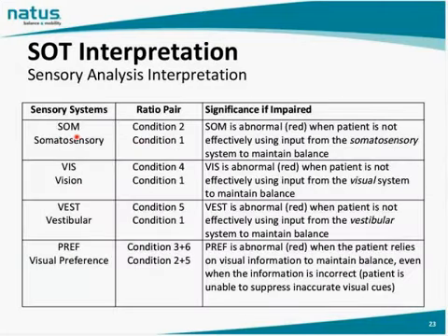The somatosensory is the ratio of condition 1 over condition 2, the classic Romberg quotient. So if it's red, then the patient is not effectively using input from the somatosensory system to maintain balance. And this is where I want to point out the reason I say you can be wrong in interpreting this data.